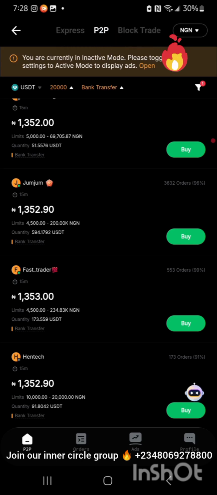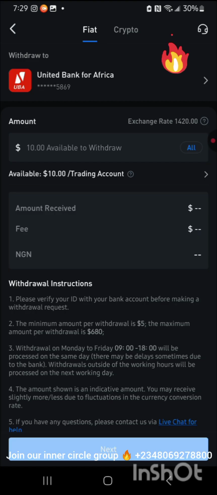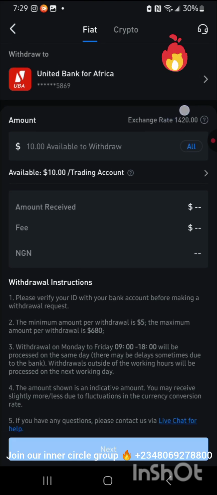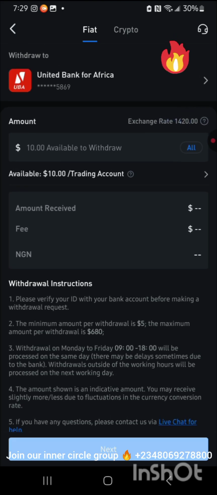I've been doing this for quite some time now, and it seems to be profitable. Let me show you the P2P market we are going to be selling on at a much higher price. On this P2P market, as you can see, the exchange rate is currently at 1,420. Remember, we got it for 1,351 or thereabout.